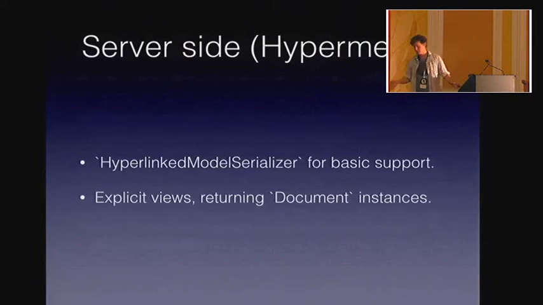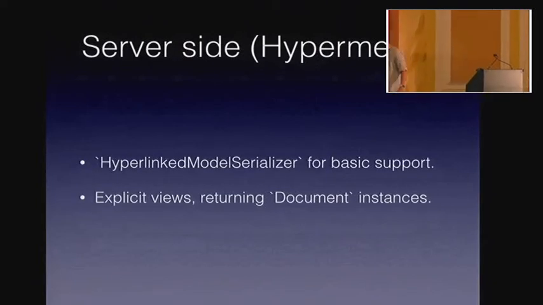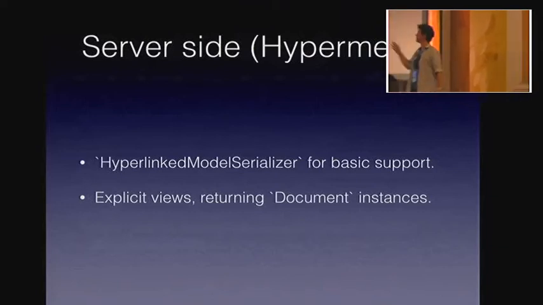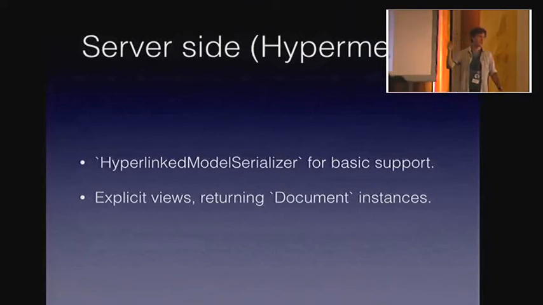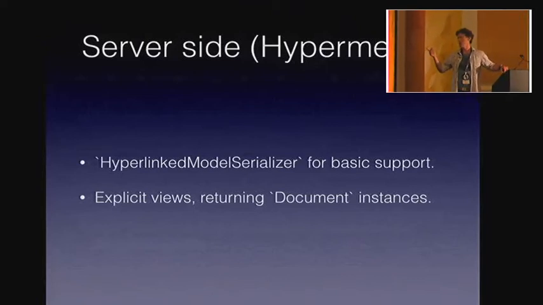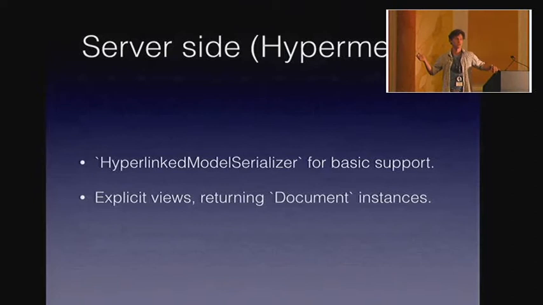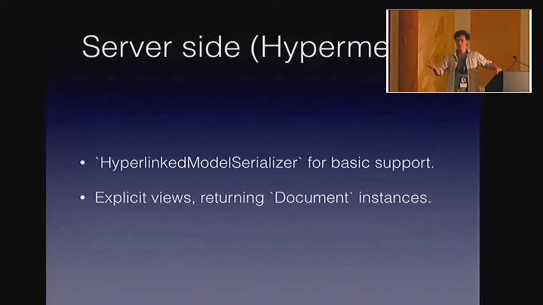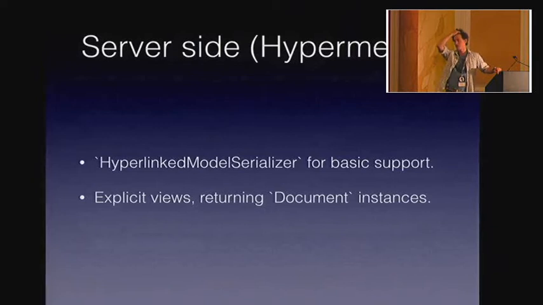With hypermedia, two approaches for the moment. One will be, which I believe should be available in 3.5, using the hyperlinked model serializer in Django REST framework to get that kind of hypermedia-light style of API, which isn't really focused on being application-centric, but allows you to make traversals more easily using the client.